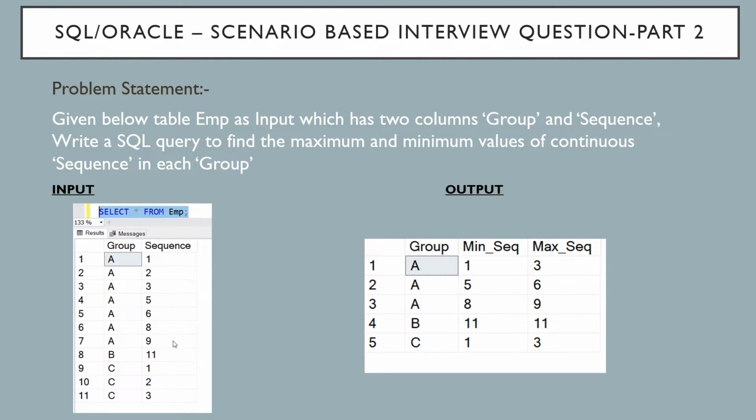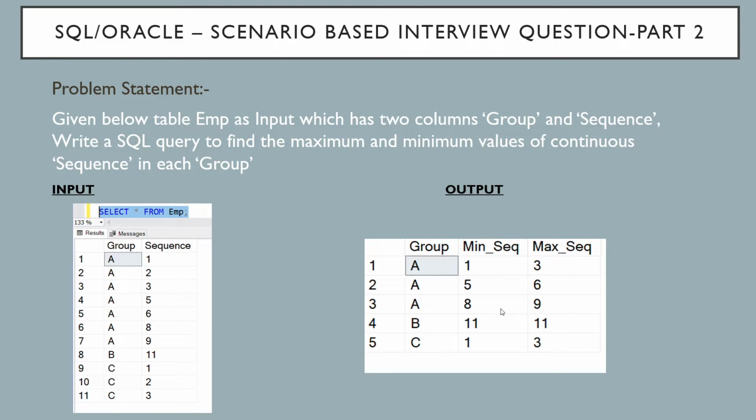For group A itself, again we have minimum value as 8 and maximum value as 9. For group B, we have only one value, so minimum and maximum value will be the same. Same rule applies for C also. So we have to write a SQL query which will satisfy this condition, and the output will be like this, whatever is shown over here.